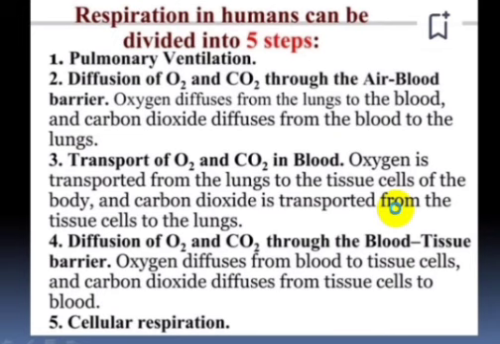For example, when you take in oxygen, you will notice that thoracic walls are moving upwards, right? Your chest is moving upwards. And then when you bring out carbon dioxide, the thoracic wall moves downwards.